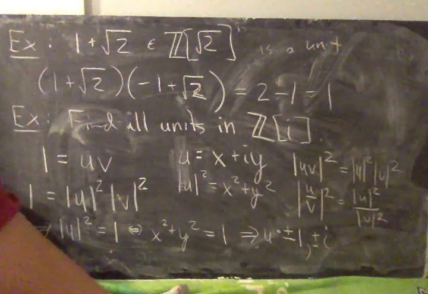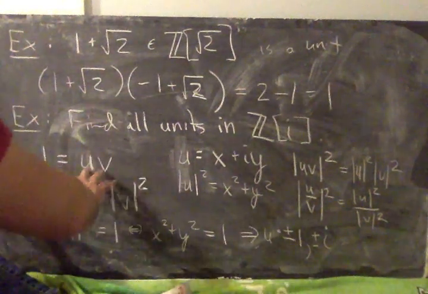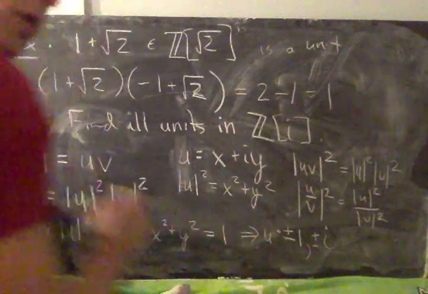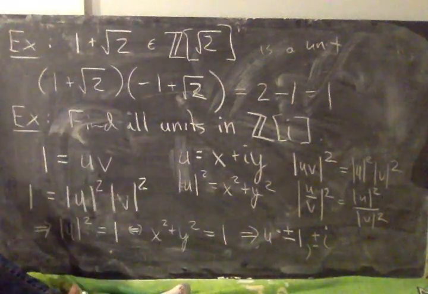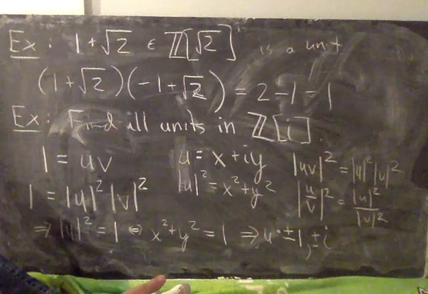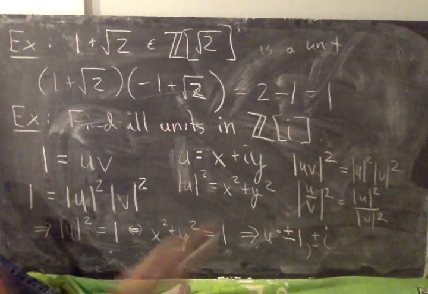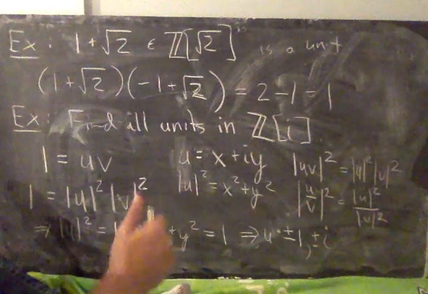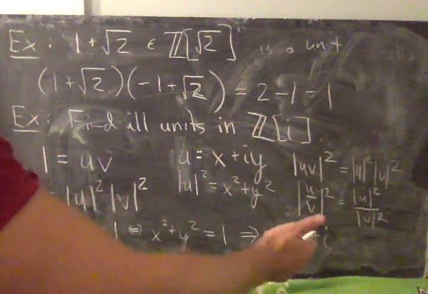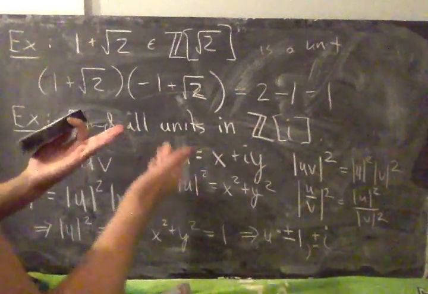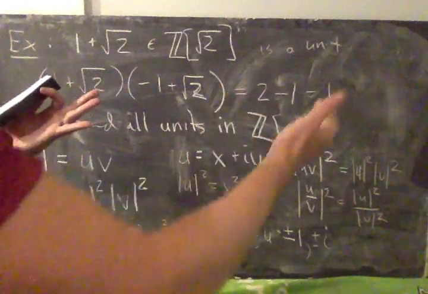Okay, and so those are the only possibilities. So if u is a unit, then u has to be one of those four things, and each of those actually are units. So 1 is, of course, a unit. Negative 1 is a unit because negative 1 times negative 1 is 1. And i and negative i are units with each other: i times negative i is 1.